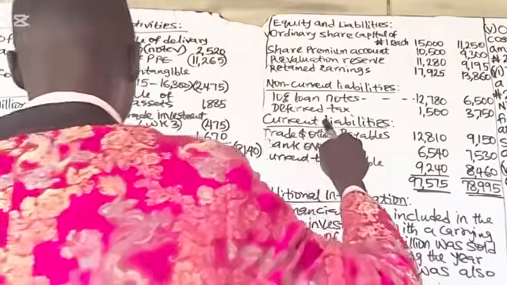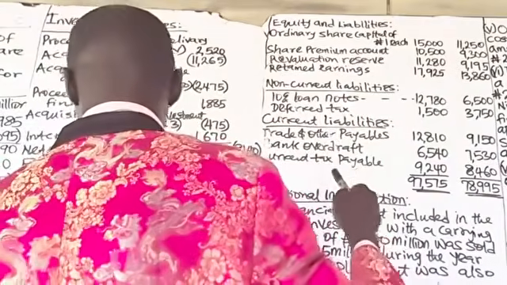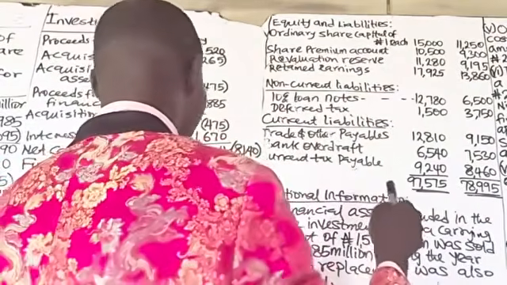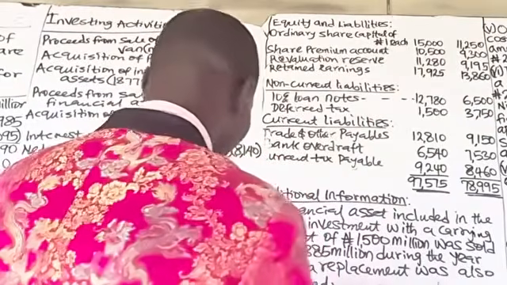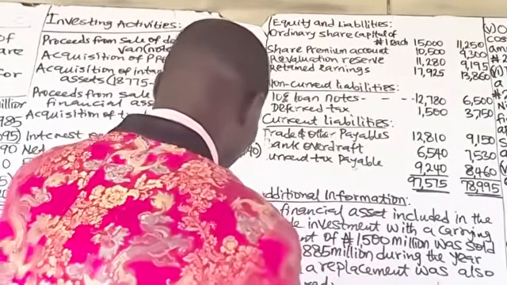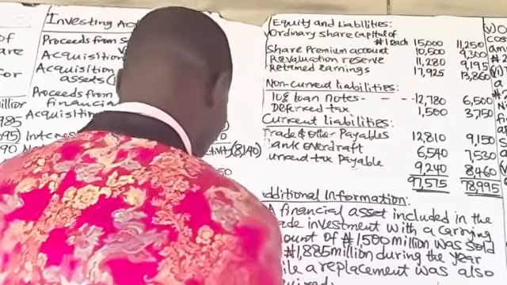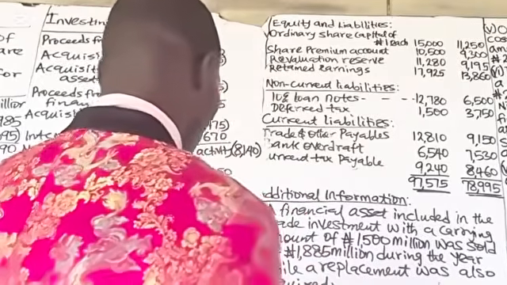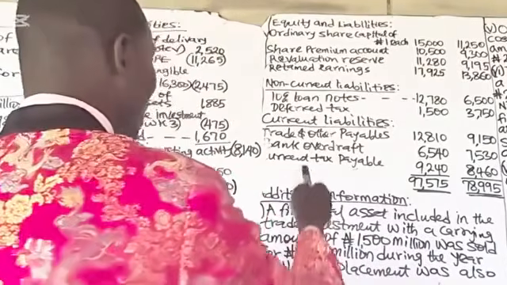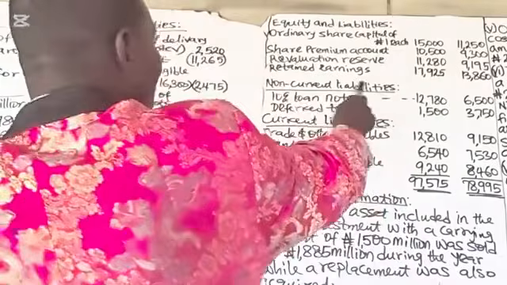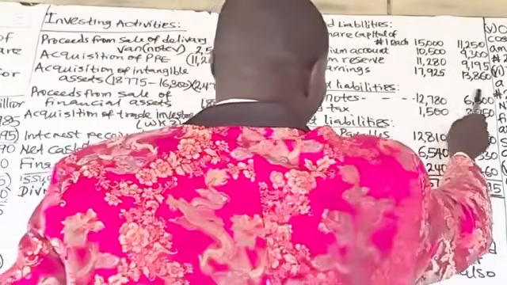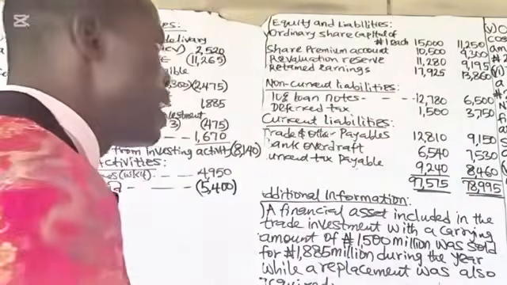Then after the dividend paid, we are done with the equity section. Remember, I've told you that for the financing activity you should always check two things. Number one is the equity, and the second item is the borrowings. The borrowings will be found under the non-current liabilities. So you have non-current liabilities, 10% loan notes. The closing balance is greater than the opening balance.